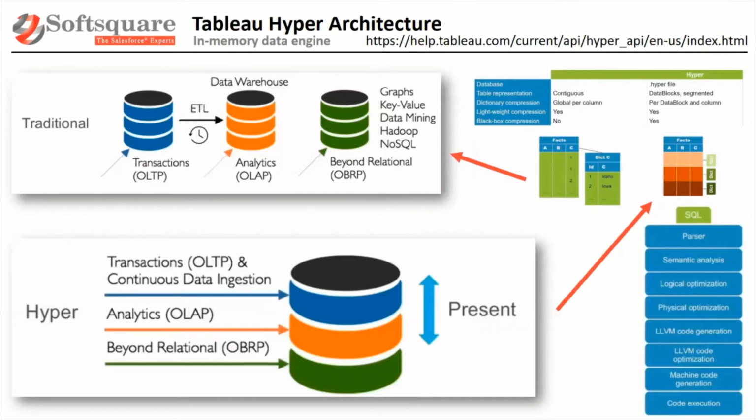Now, looking at some of the technical aspects of this, what makes Hyper faster and more effective? Some of the components are borrowed from columnar database, compression, and also the table representation is more in data blocks, similar to Hadoop, HDFS, or Spark.